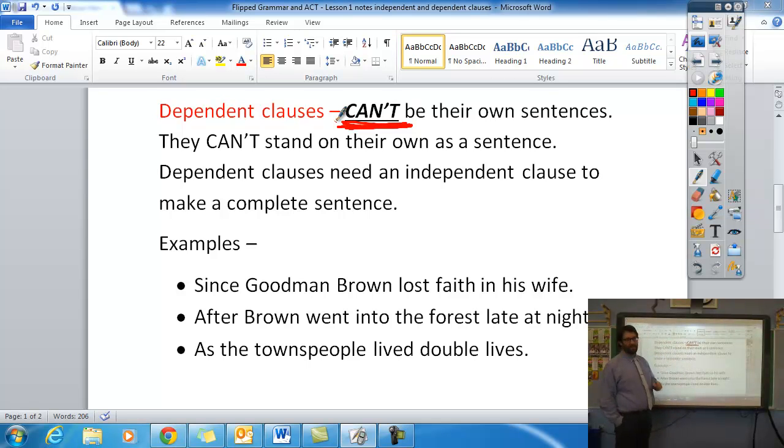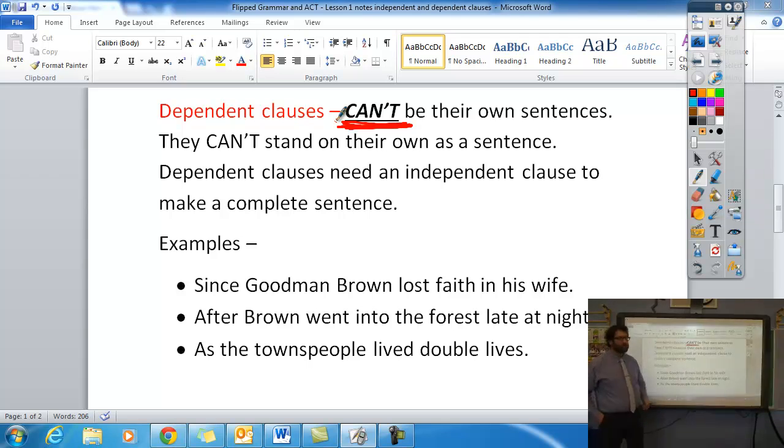They can't stand on their own. So again, think about an independent person versus a dependent person. A dependent person, say someone who lives at home with their mother and father, their mother does their laundry and cooks for them and cleans for them. They are dependent on their parents. They can't stand on their own, okay?